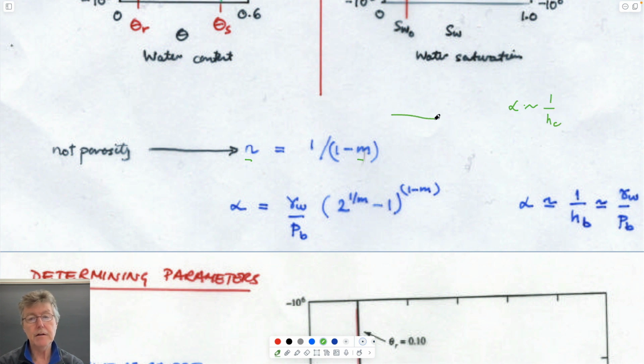So remember we talked about the height rise in a capillary tube, what it would be, that a fluid would go up some amount H sub C. And if we were in an aquifer that went up some height, this would be the height of the tension saturated zone. This would be the capillary fringe.